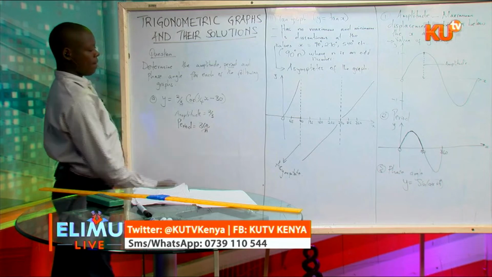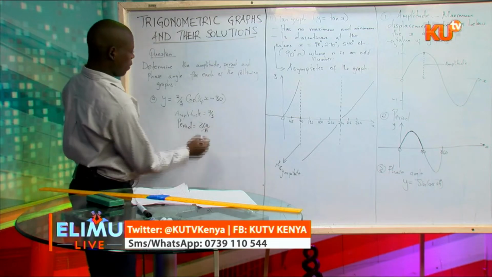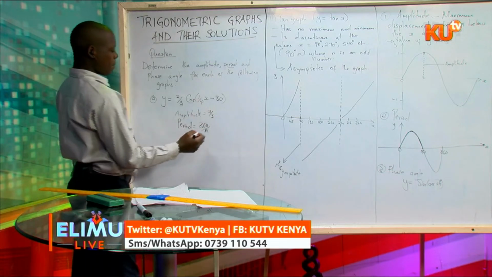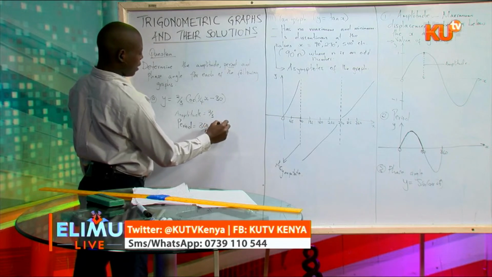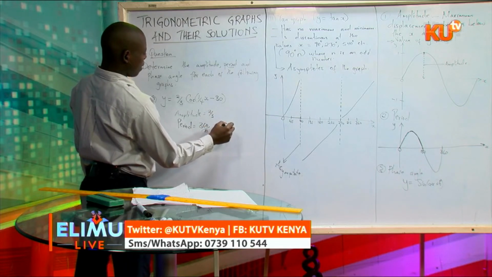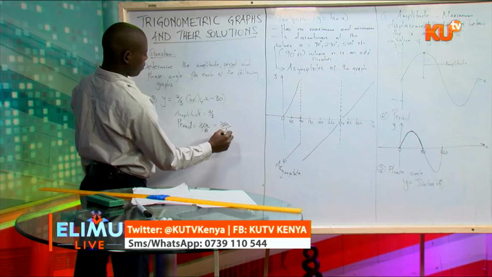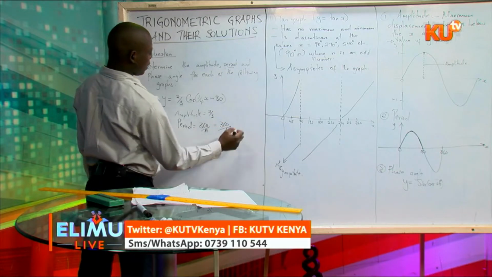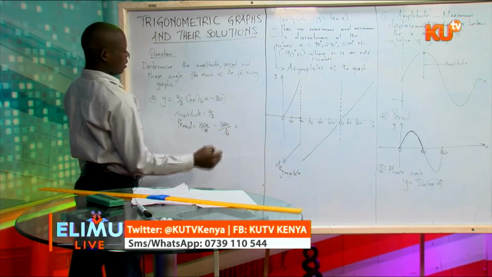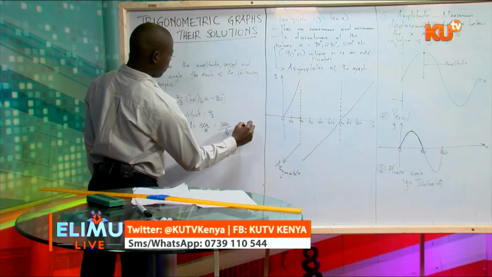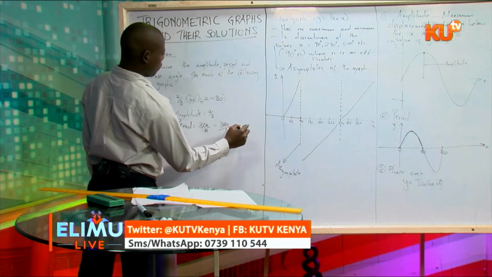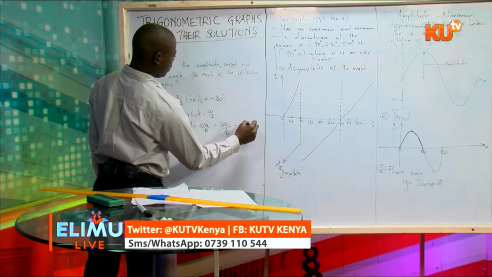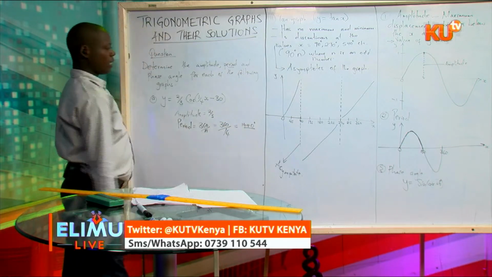And what is n? N is the coefficient of x. In this case, it is a quarter. So it's simply 360 divided by a quarter. When you divide it by a quarter, it simply means you multiply by 4 because that's the reciprocal. And so your answer will be 1440 degrees. That is the period.